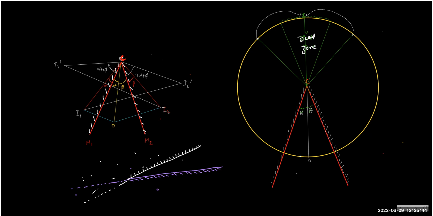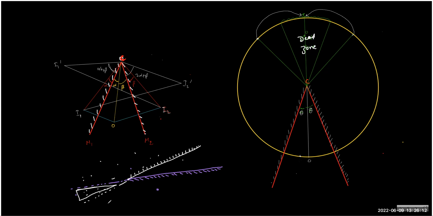So you can see there is an intersection of these two lines, right? This region. The entire region here is neither in front of the first nor in front of the second mirror. It's behind both mirrors. Do you realize? Yes. And because it's behind both mirrors, the moment the image falls in that zone, no more reflection will take place.